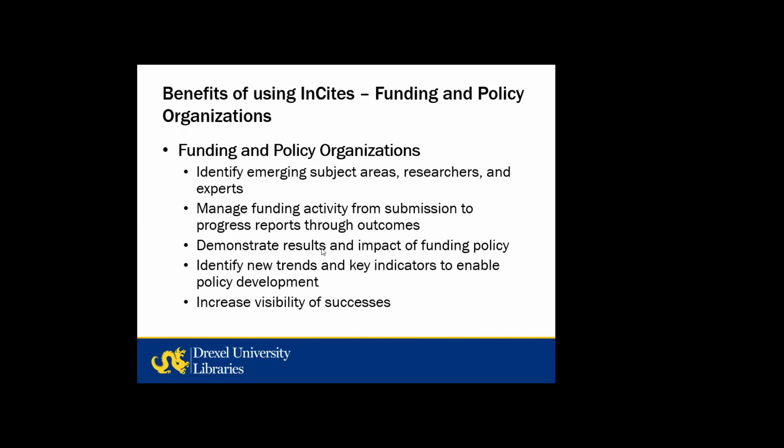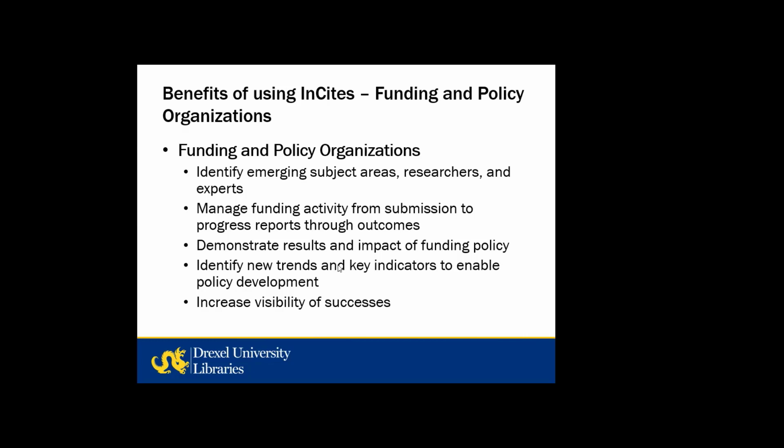You can identify experts both inside and outside your organization, and you can also promote areas of strength and specialization. There are important implications for funding and policy organizations as well. You will be able to understand what are the emerging subject areas which are prone to get more funding. A lot of research and experts are working, and you will be able to explore them for further collaborations. You will be able to manage funding activity, see the results and impact of funding policy and so on, and identify new trends and key indicators to enable policy development.